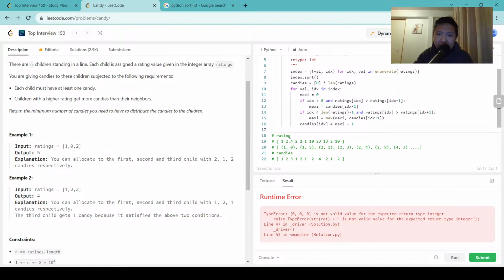So the same idea extends itself, right? So for instance, this would be 1. This person, by the time it's processed, will have to take number 2. Likewise, this would be 1. This would be 2. This has to be 3. So finally, the total number of candy that this outputs.